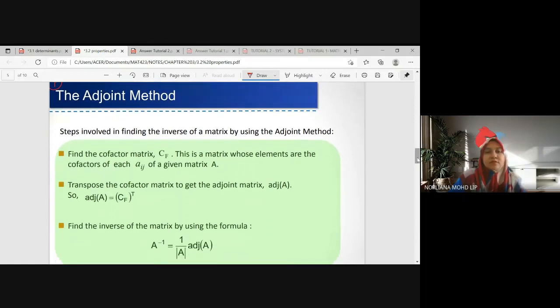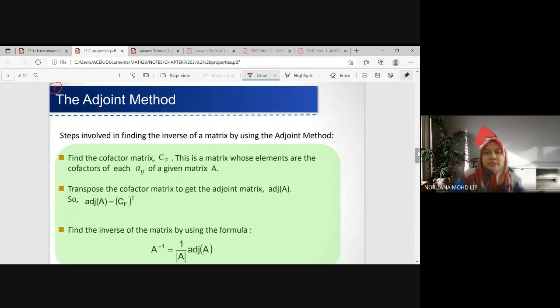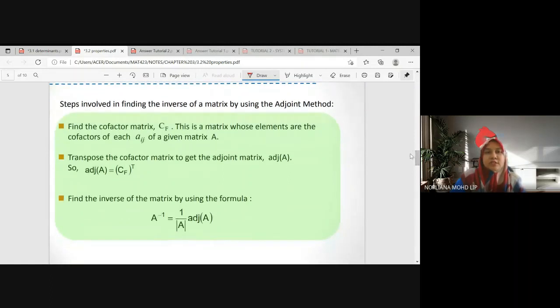Okay, steps involved in finding the inverse of a matrix using the adjoint method. There are 3 steps. First, find the cofactor matrix of the matrix. We have learned before how to find the determinant by cofactor expansion. Second step, transpose the cofactor matrix to get the adjoint matrix.